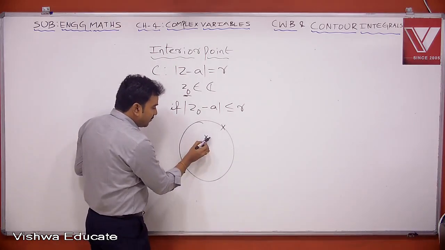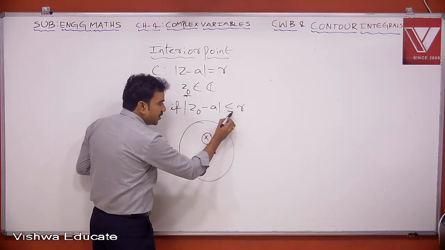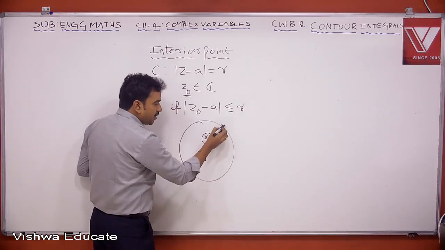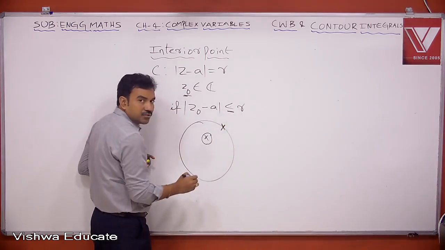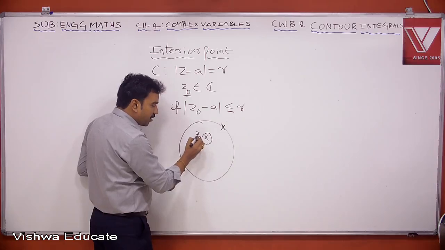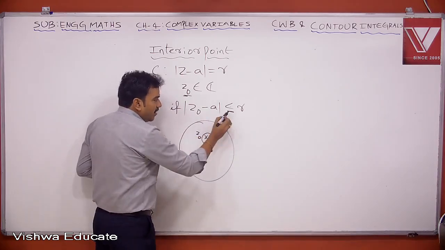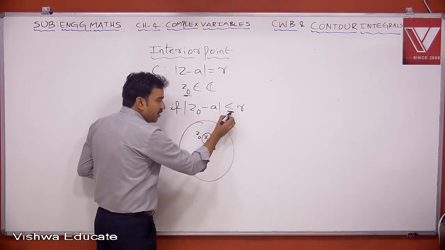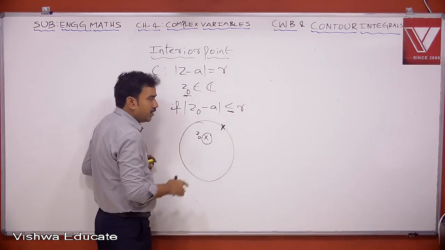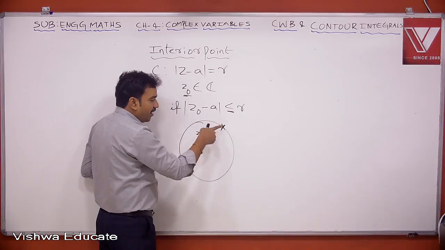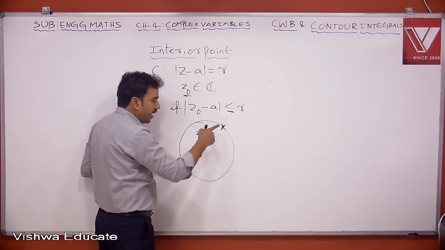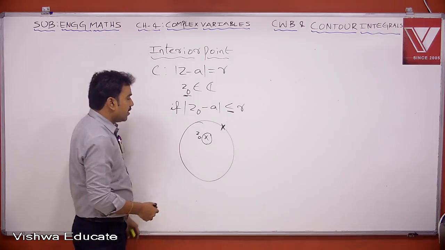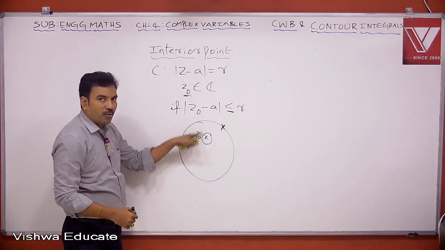If it lies inside the circle, less than will work. If it lies on the boundary of the circle, then equality works. So less than for inside and equality on the circle. Either in this case or in this case, this point will be called an interior point of the circle.